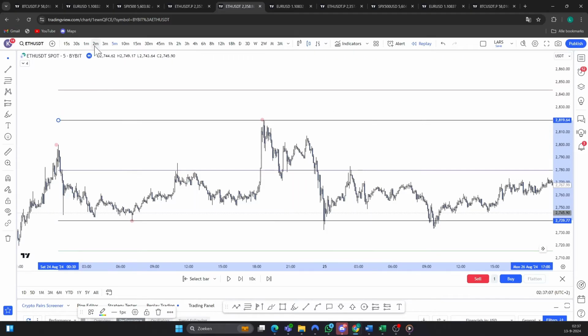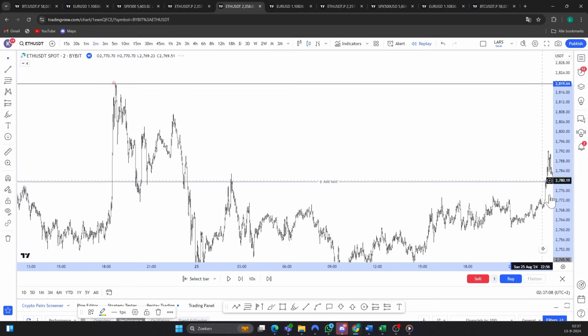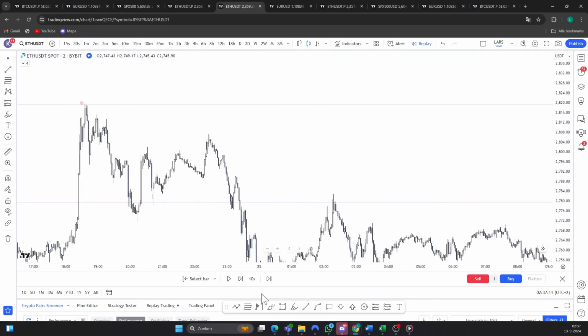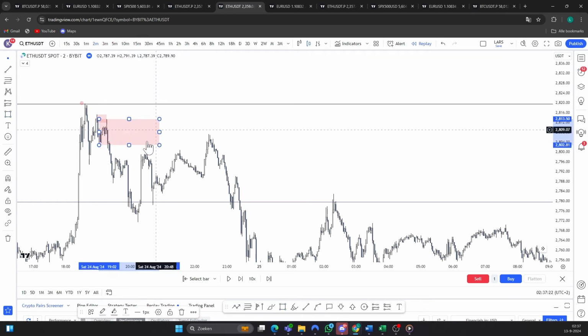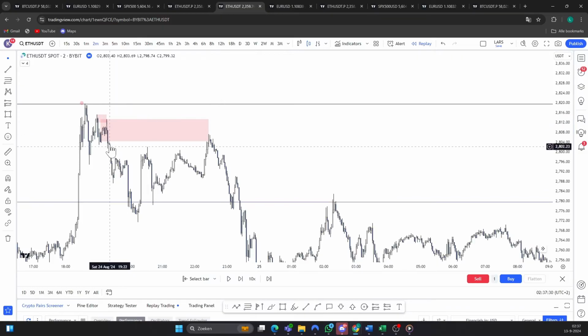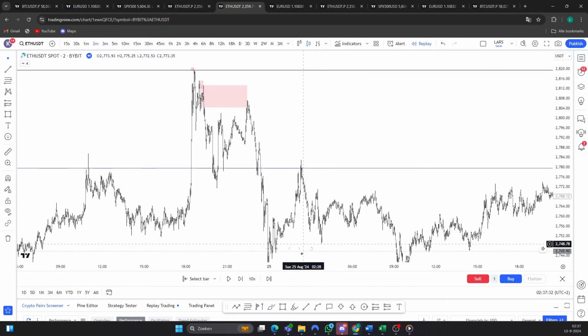Let's extend it, and then let's zoom in. And we can see right here, we have this 2-minute supply, kind of creating a little supply chain right here. This was basically a structure supply, this entire move up, kind of pulling it up to that inefficiency right here because this is the only supply remaining. That's when I'll pull it up to still use that unmitigated one. And we'll have something like this.